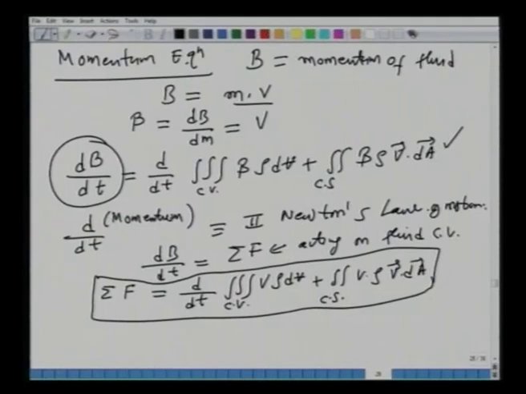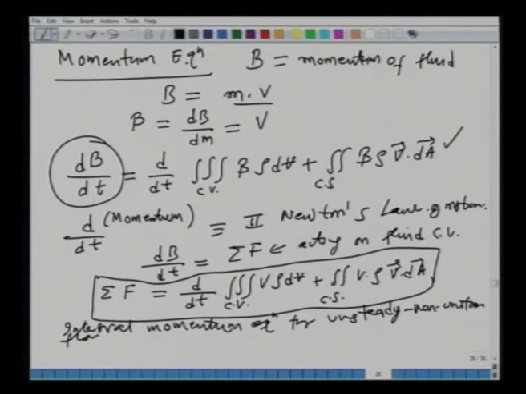And this we will say is the integral momentum equation for unsteady, where things are varying as a function of time, non-uniform flow.